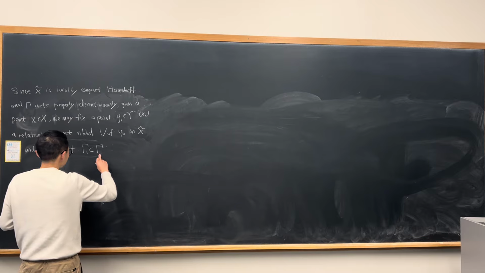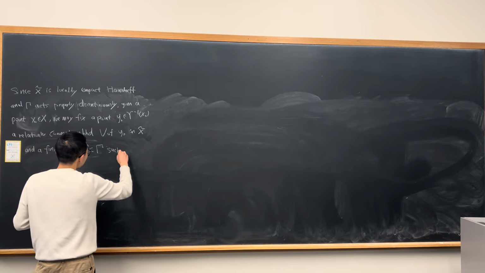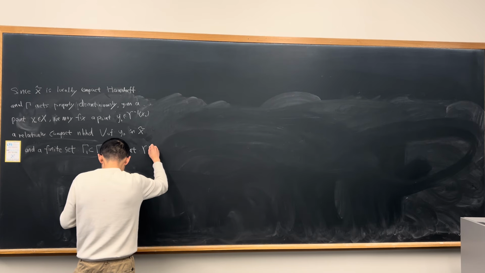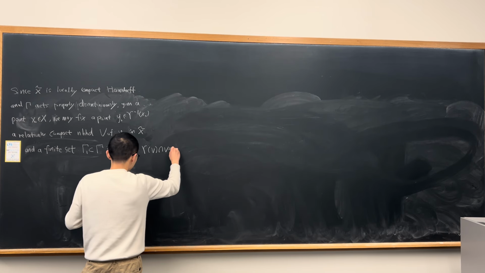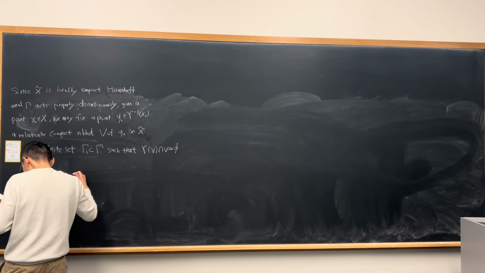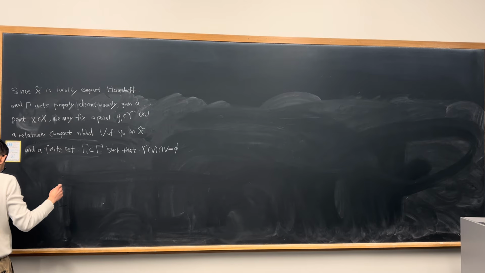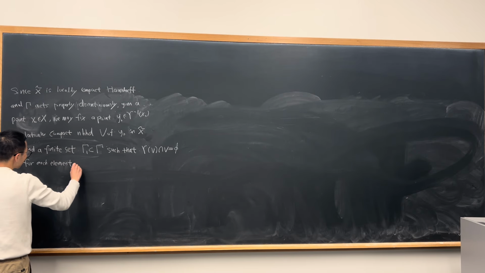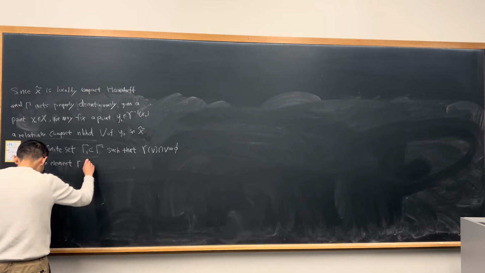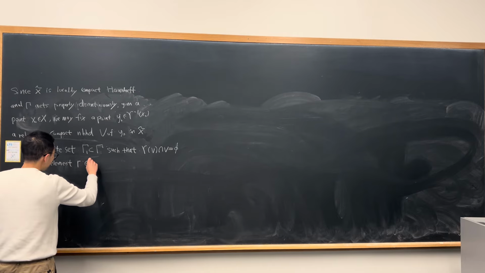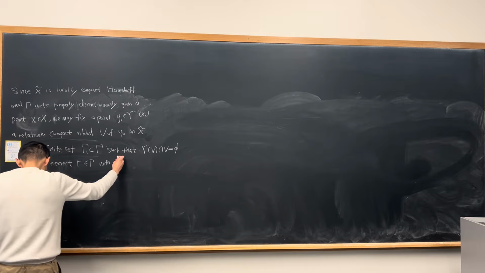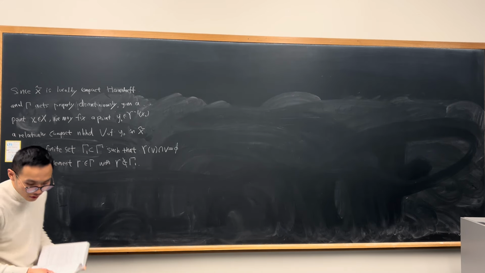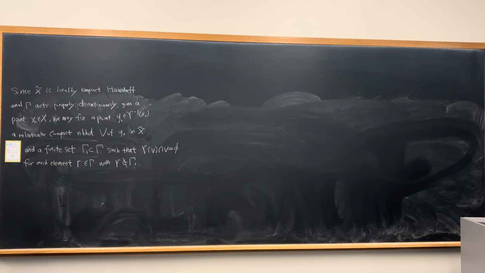Remember that this gamma is like the deck transformation group, such that small r of V intersect V is empty for each element small r in gamma with this element not in the gamma 1.